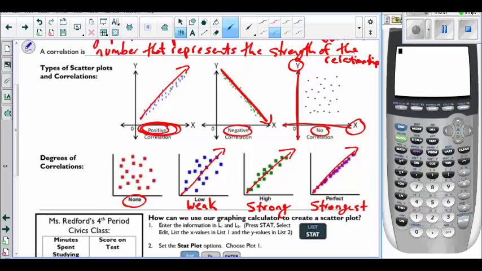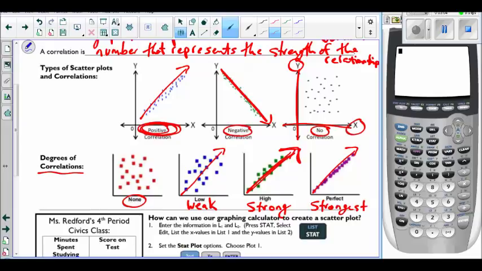The middle one is stronger because they're closer to that line. They line up more with our line of best fit. And the purple or pink one lines up perfectly with our line of best fit. That's the strongest correlation that we can have. So we can have different strengths of the correlation, those are degrees of correlation, and we can have different types. It could be positive, negative, or just none, where they're scattered.